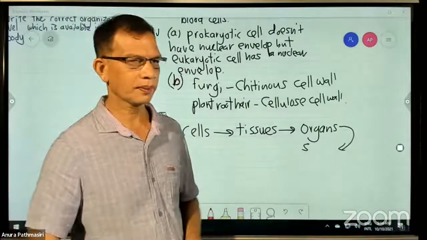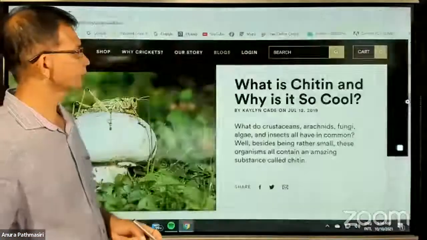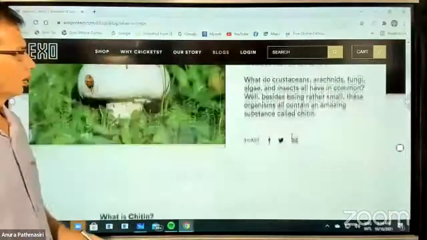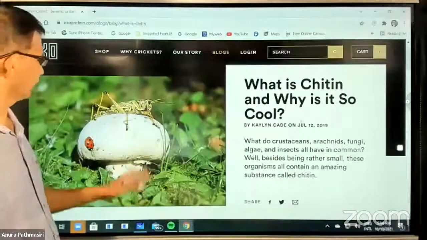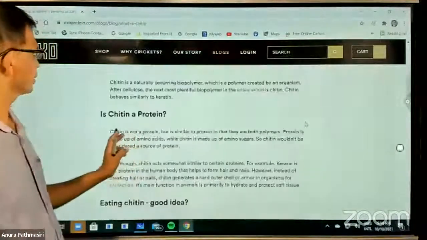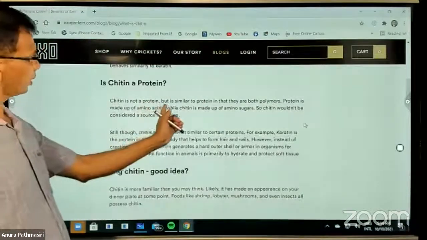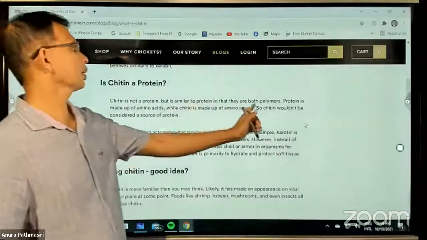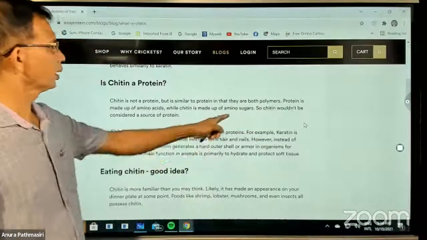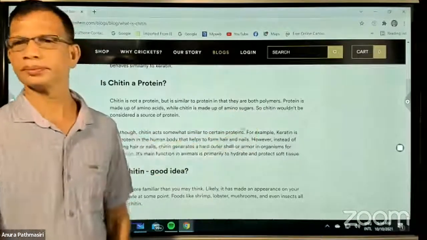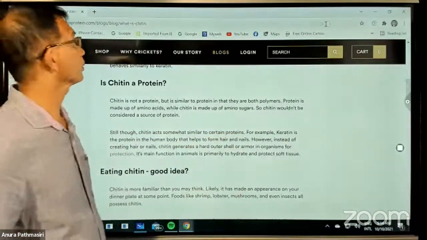Thank you for that one. Here you are. The mushroom, right? This is what I read. Is chitin a protein? It says not a protein, but similar to protein in that they have amino sugars. Thank you for asking that one.